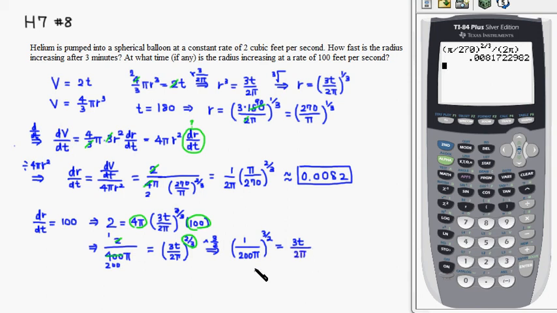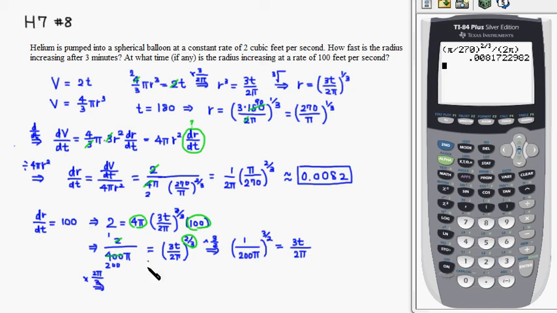Last step is we want to isolate t, so I'm going to multiply both sides by 2 pi over 3.